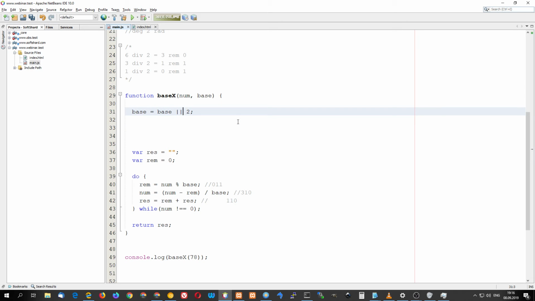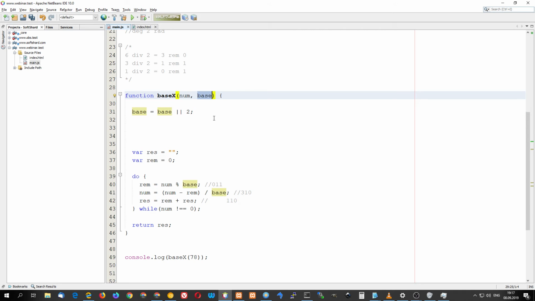Well, we talked about logical OR. If this evaluates to true, which is any number except for 0, return this. If it doesn't, return the second parameter.